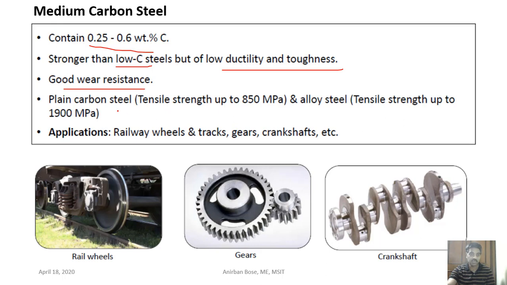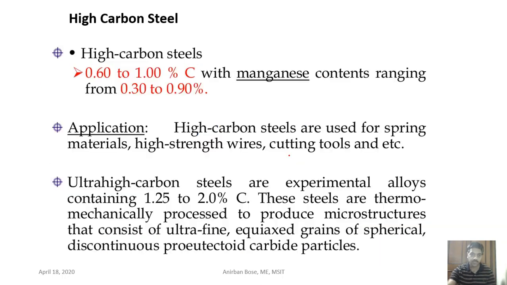And if you see the tensile strength, in case of medium carbon alloy steels you will find that it can be up to 2000 megapascal, or in case of plain medium carbon steel, it is in the order of 850. Application: railway wheels, tracks, gears, crankshafts, etc. Okay.